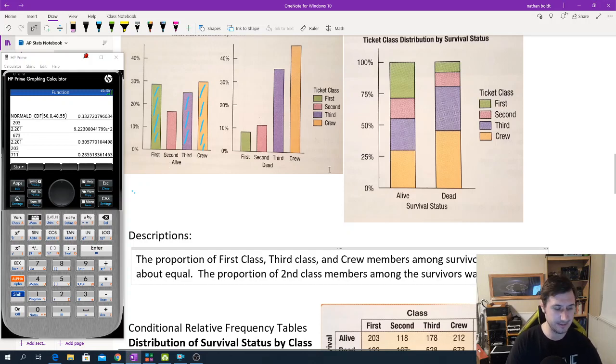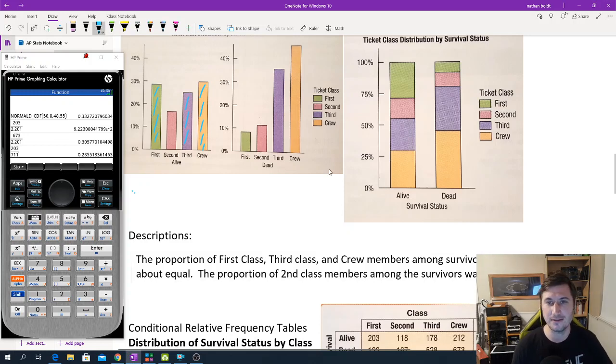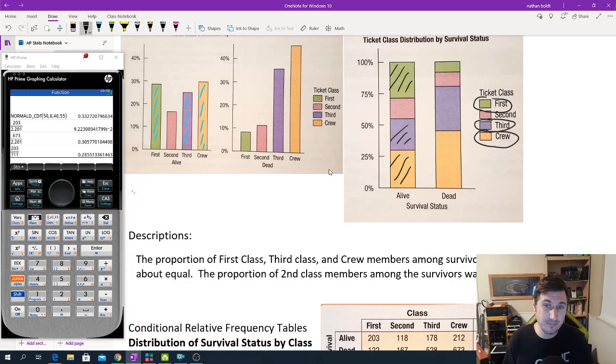Now, how do I see that over here in the segmented bar chart? Well, I would have to recognize that this bar, which is my first class members, this bar, which is my third class members, and this bar, my crew members, are all about the same. And so I could then come to the same conclusion. All right, now let's take a look at the other part of our segmented bar chart. I look at this and I see, wow, these two here are much bigger than these two.